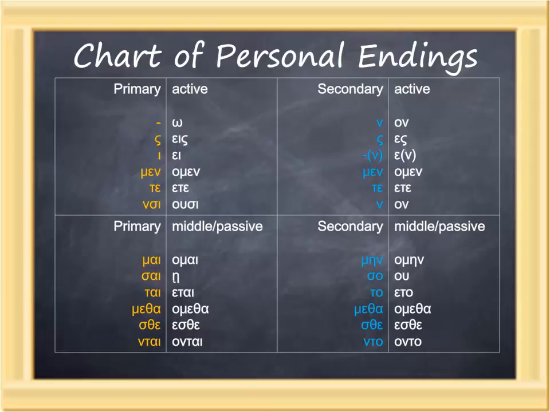The secondaries are nu, sigma, nothing, men, te, nu, with san as an occasional alternative. The secondary middle passive endings are main, sa, ta, methus, the, and nta. In white, you see the combination of the personal ending plus the connecting vowel.